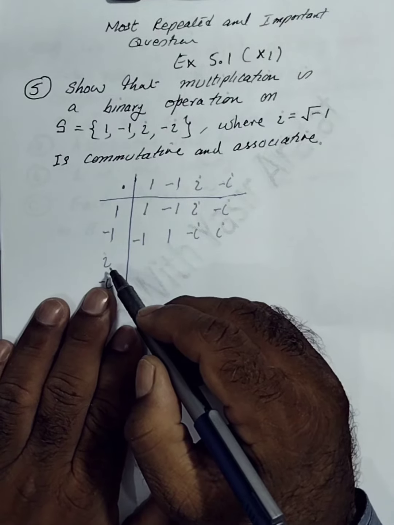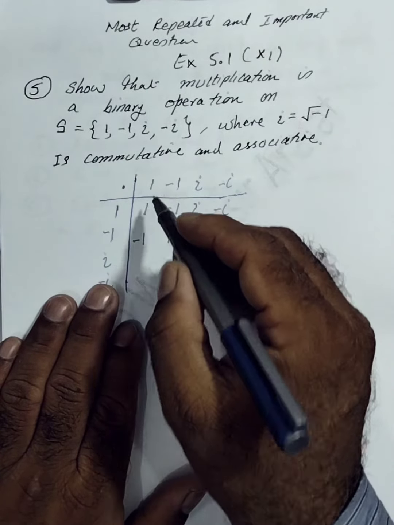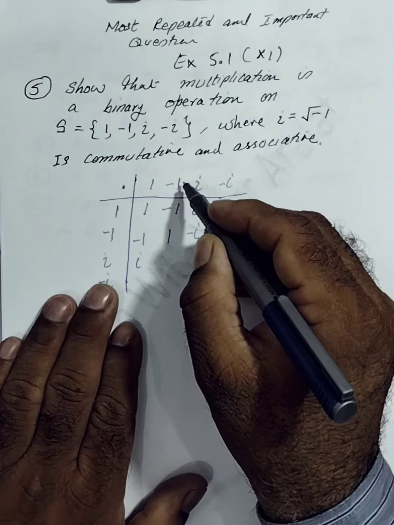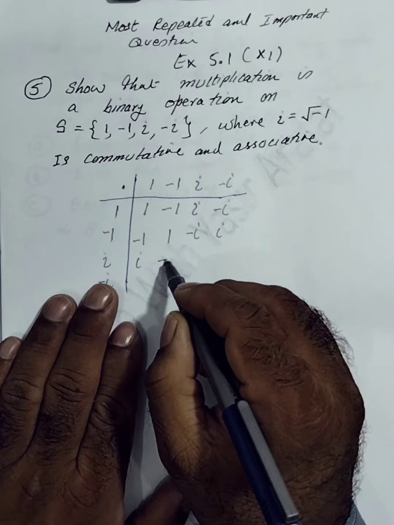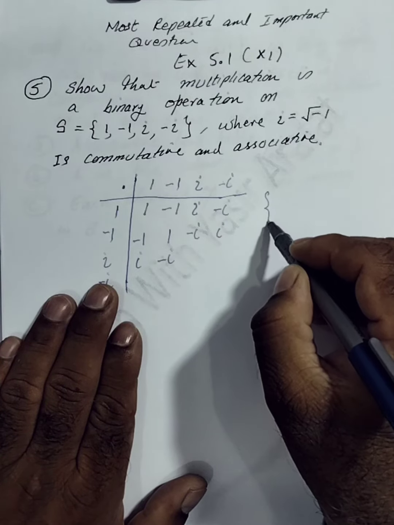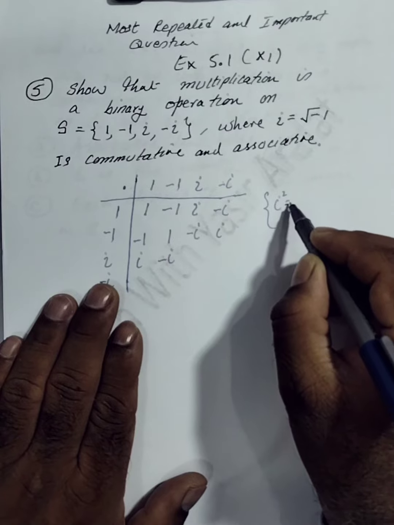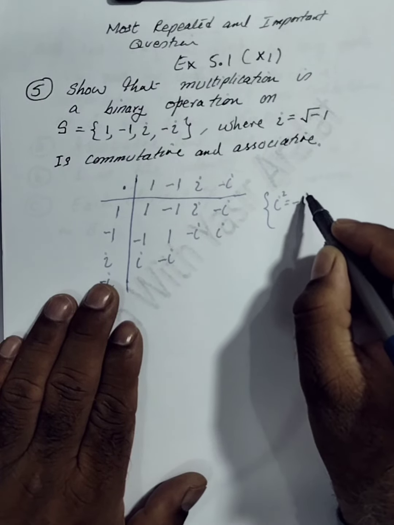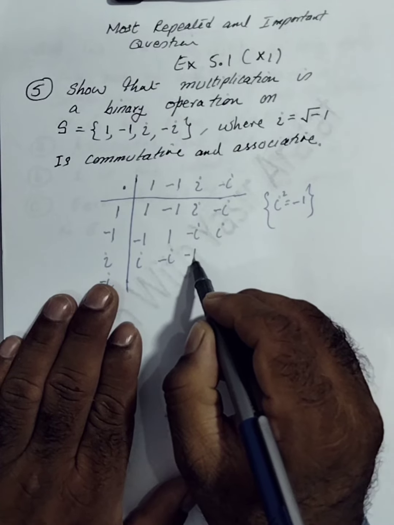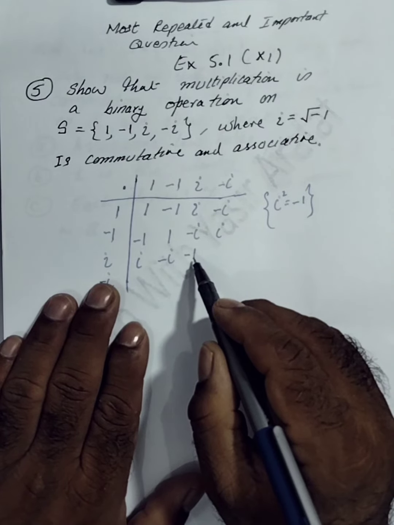Now iota multiplied by 1 is iota. Iota multiplied by -1 is minus iota. Iota multiplied by iota is iota square, and the value of iota square is -1, so we put -1, not iota square.